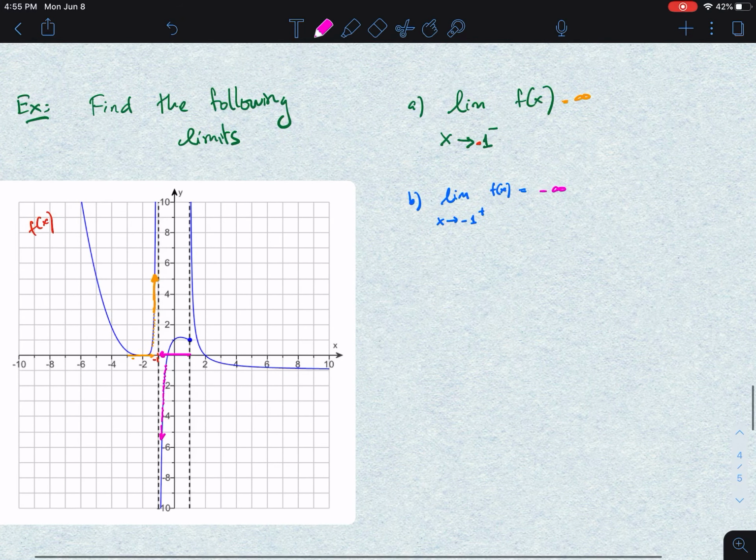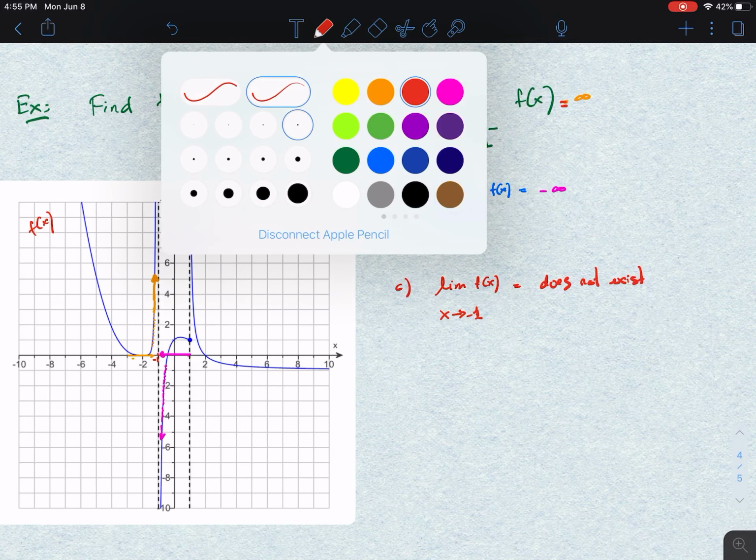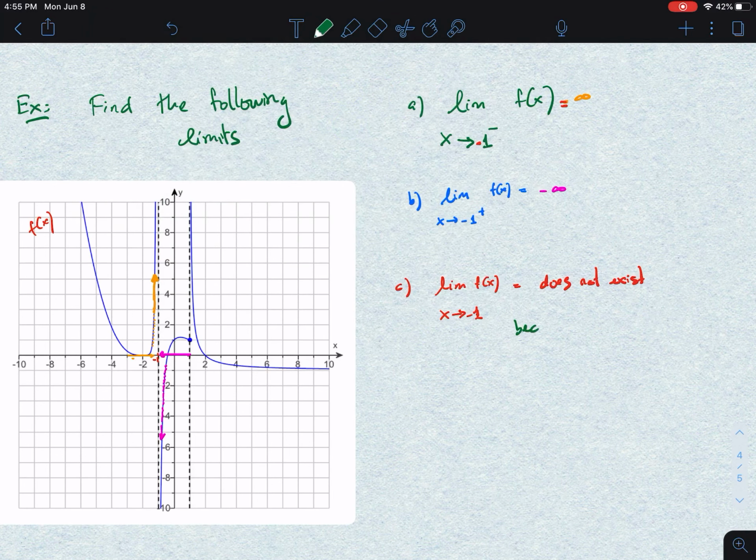So if this is the case, we can conclude that the overall limit of f of x as x approaches -1 does not exist. Why? Because the left and right side limits are not equal. This is using the concept from lesson 2.1, right?